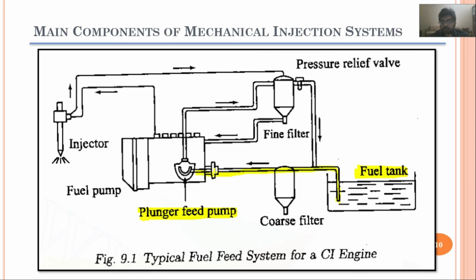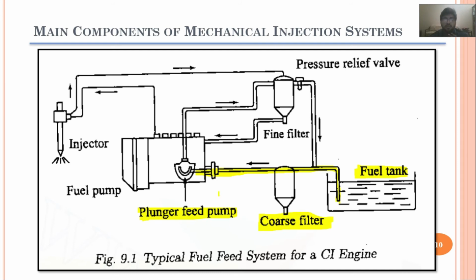And what is the purpose of these filters? This coarse filter is basically removing those particles which have greater sizes, so that they may not damage the plunger in this feed pump.